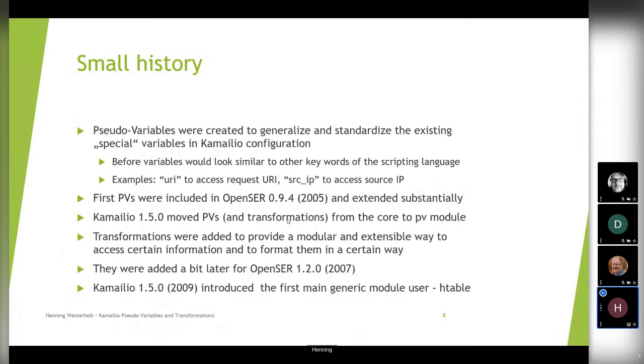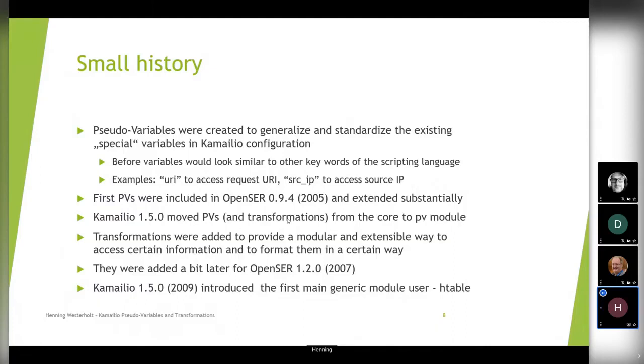First were the PVs that were part of the core, and in 1.5 they were moved to the PV module, just to modularize the core to make it smaller, more lean. Over time, as I said, there were more and more PVs added to Kamailio, and then again there were some redundancies introduced.